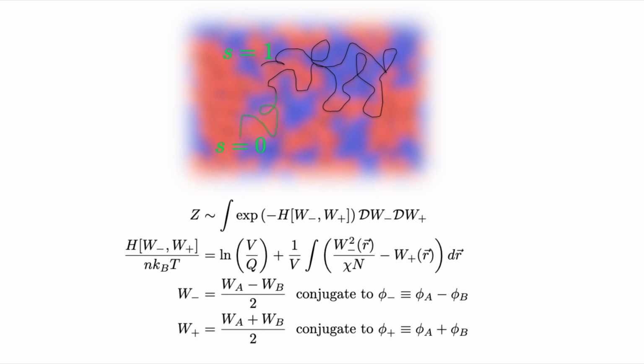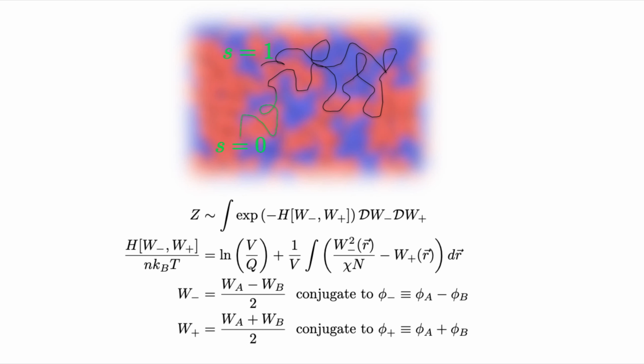Combining all of that and rearranging a little, we can write our statistical field theory for a fluid of AB diblock copolymers like this. The partition function is a functional integral over the Boltzmann weight of an effective Hamiltonian, which is given by an integral over two fields and a partition function for a single polymer in those fields. The partition function can be found using the propagator method shown earlier, as can the concentrations if you're into that kind of thing.